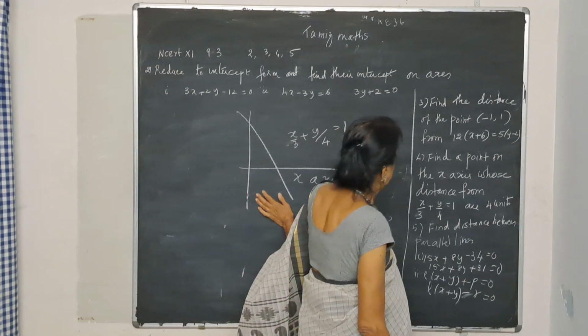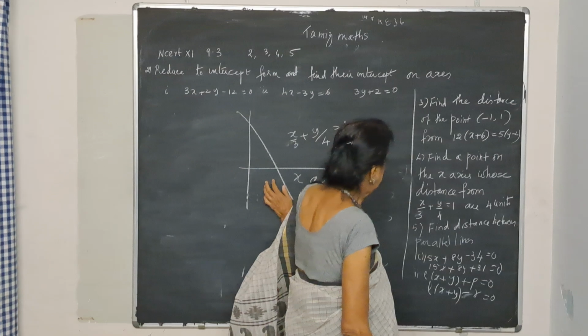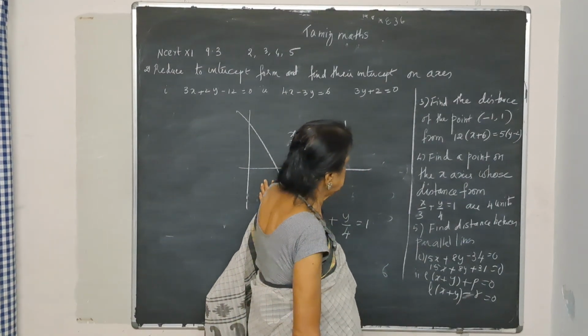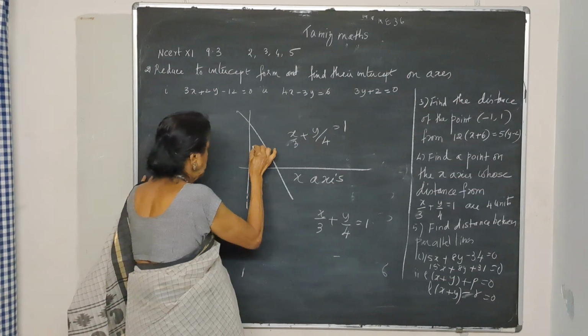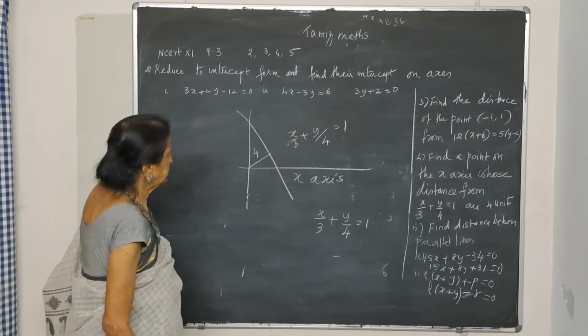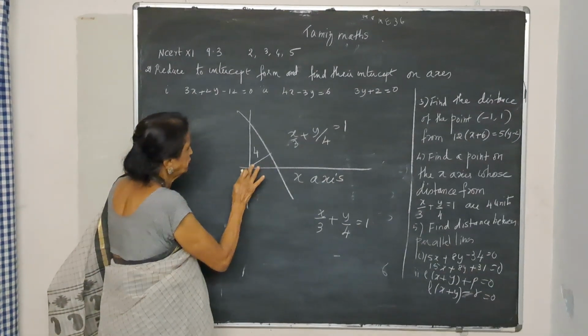Find a point on the x-axis whose distance from x by 3 plus y by 4 is equal to 1 is 4 units. Okay, let's see.